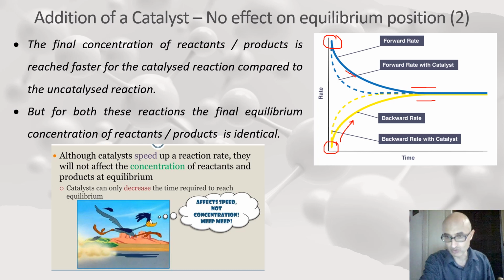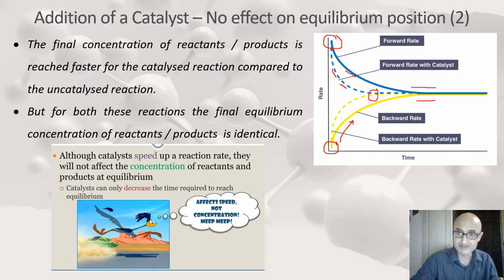Now, in order not to complicate and to finalize the explanation on this slide, compare the solid blue and yellow lines with the dotted blue and yellow lines. Note that in the dotted blue line, which represents the forward rate catalyzed, the gradient is much steeper and the equilibrium position is reached already at this point.